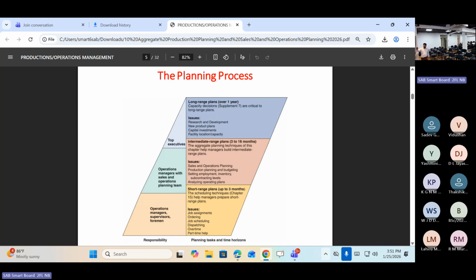And as you see there, usually the intermediate term production planning decisions are taken by middle level operations managers, like the production manager, factory manager. So middle level operations managers with the support of the sales and operations planning team, S&OP team. I will explain that.